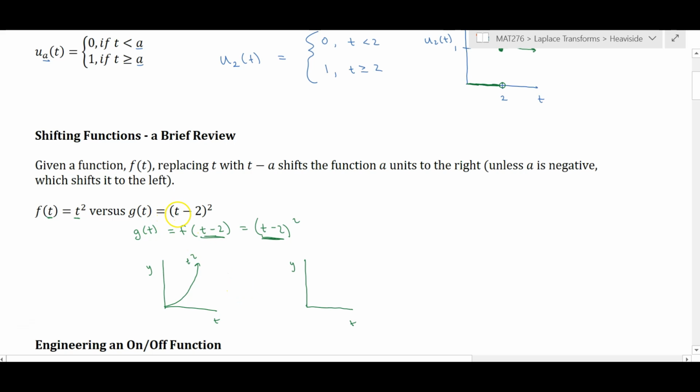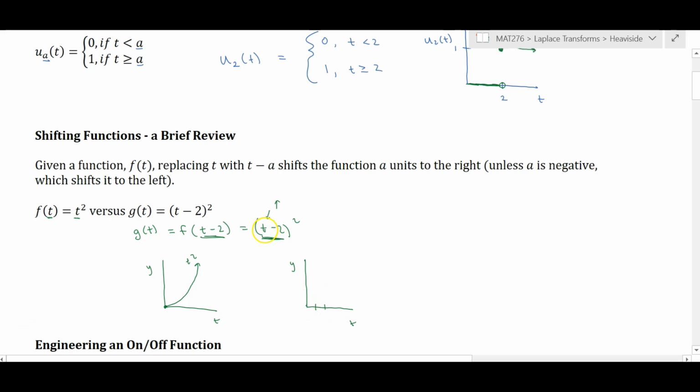And if you think about why, it's because here, when t is 0, y is 0. We get that ordered pair right there. But when you take t minus 2, it requires that the t value be higher to produce that same output. Okay, higher value of t means that we're moving to the right.